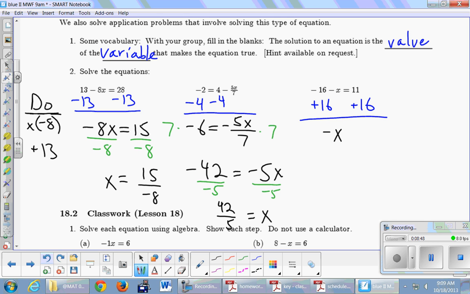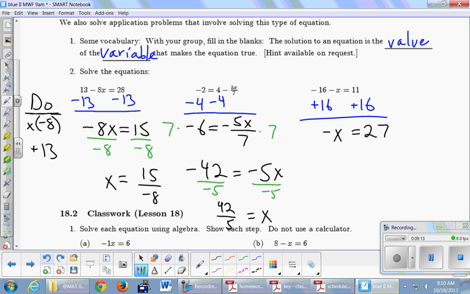So we get -x equals 27. Yeah, that's the right thing to do. We've got a -x. It's pretty common to have a -x towards the end of a problem. We just got to handle it. We have to know what to do with it.